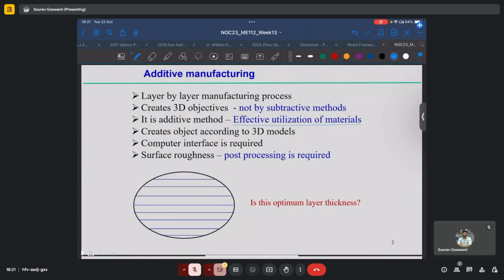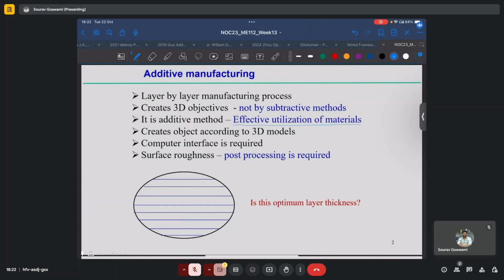All of these steps will require a computer interface, and thus it is very much a digital manufacturing process. It cannot be accomplished without computers.